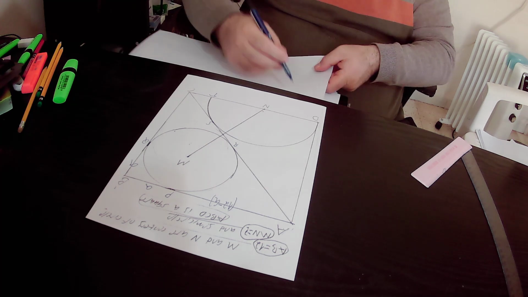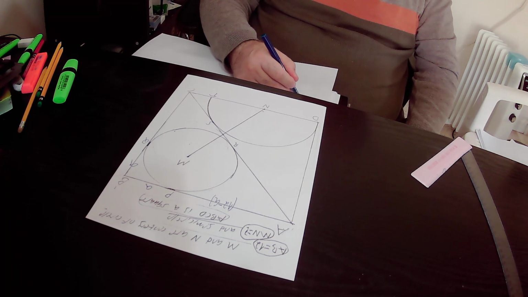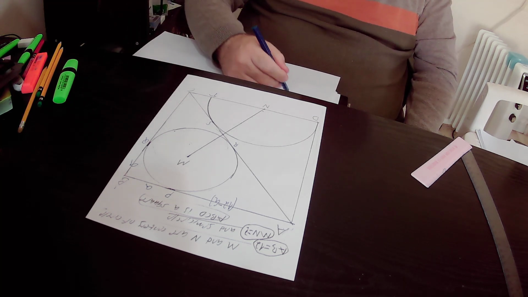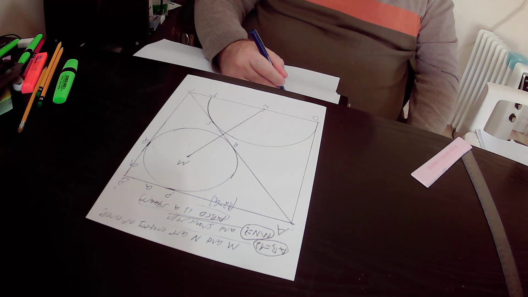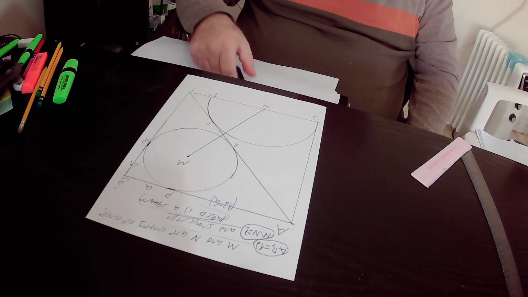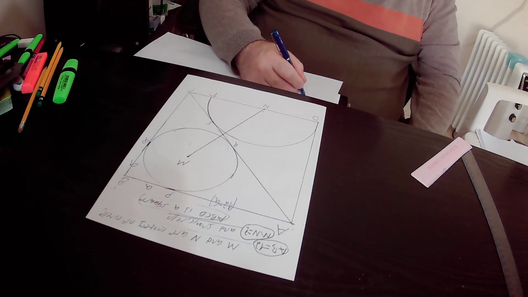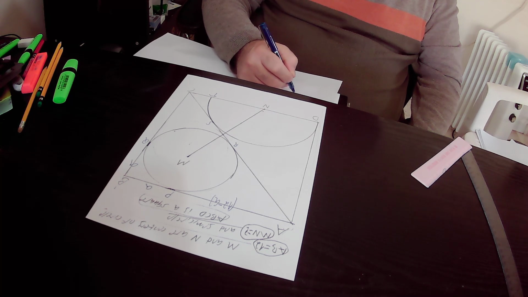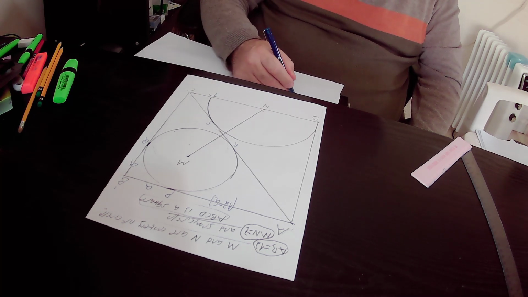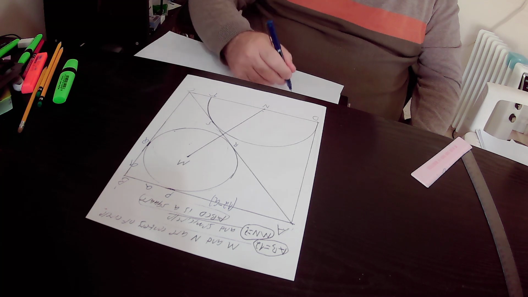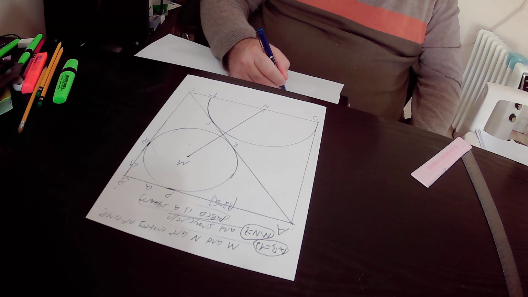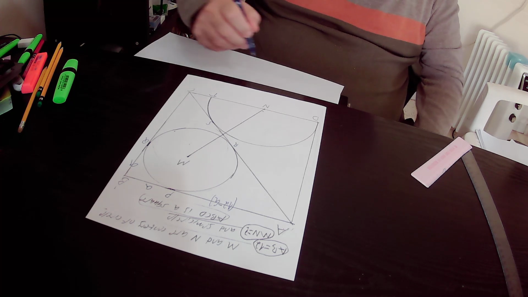The length of QC, as you can see from the drawing, is equal to BC minus BQ. Again, BC minus BQ equals QC. So QC will be equal to BC, that is 12 units, minus BQ, that is A. In conclusion, we found out that QC is equal to 12 minus A.